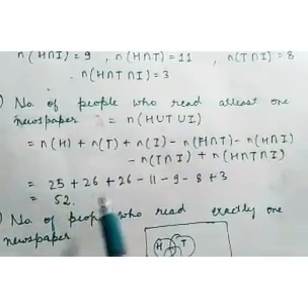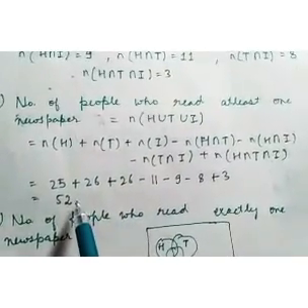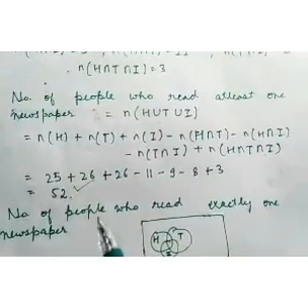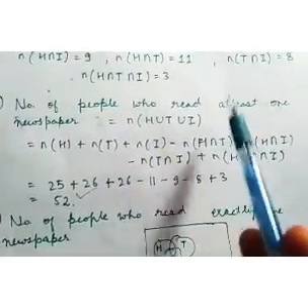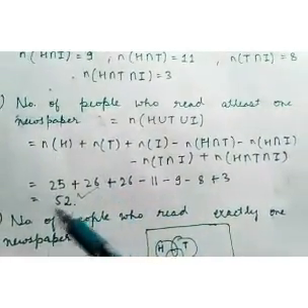We will put in the values and solve to get the answer 52. So the number of people who read at least one newspaper is 52.